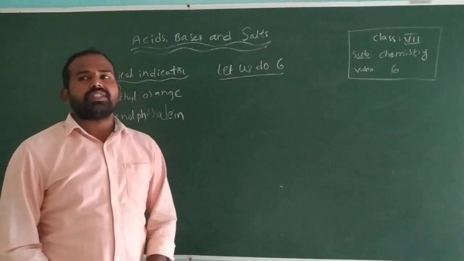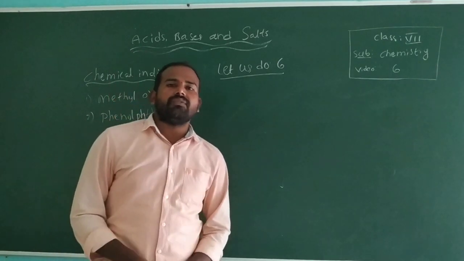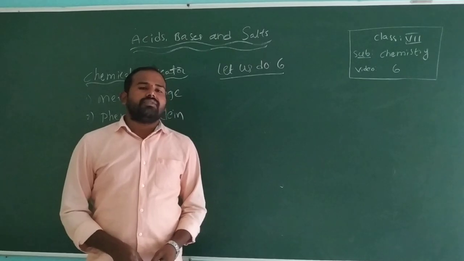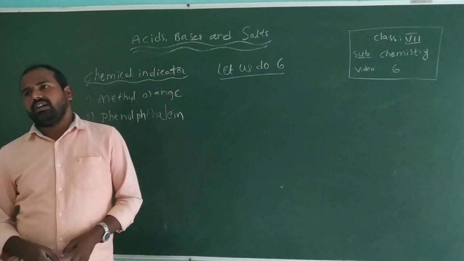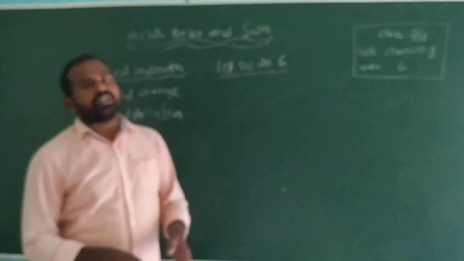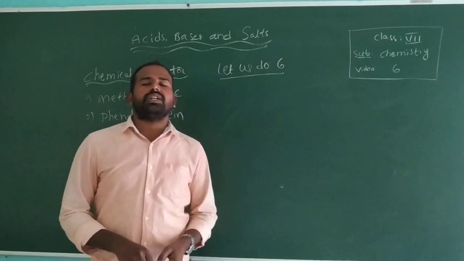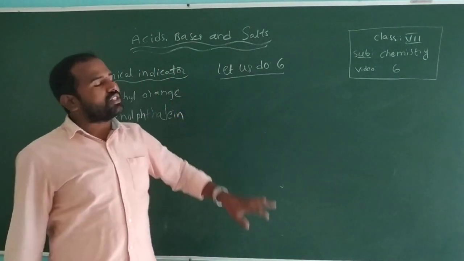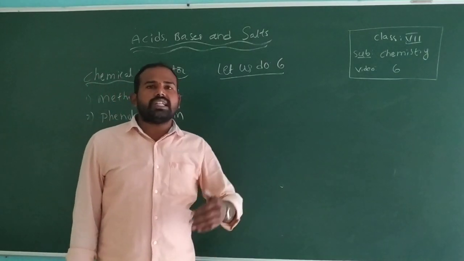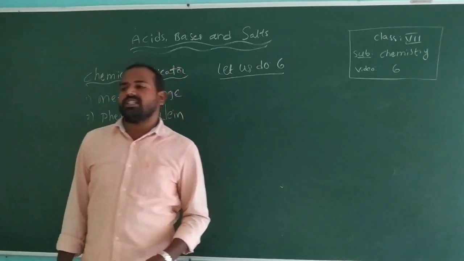For all the samples we observed in table 3, we need to add phenolphthalein and methyl orange and note down the color changes. All those samples we need to test once again with methyl orange and phenolphthalein, and record the results in table 7.